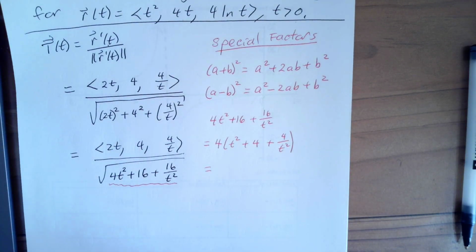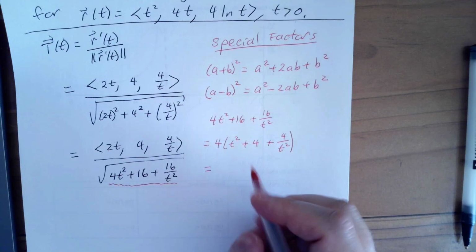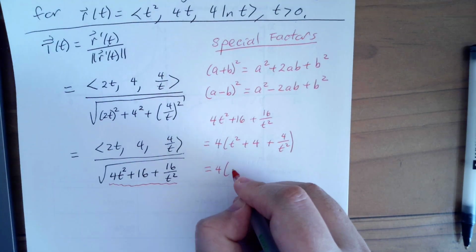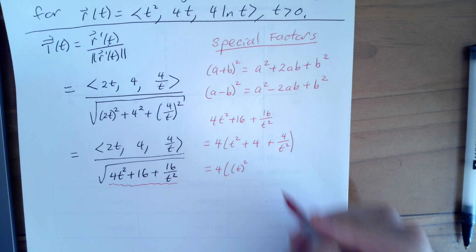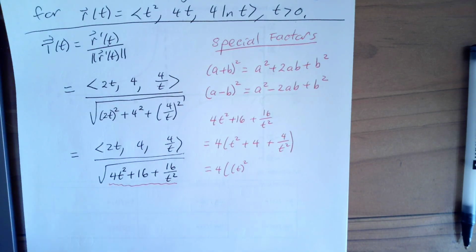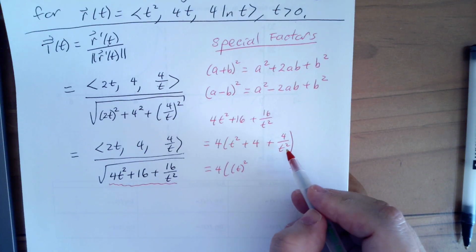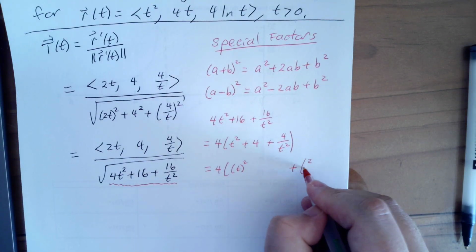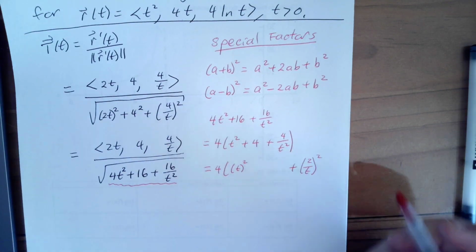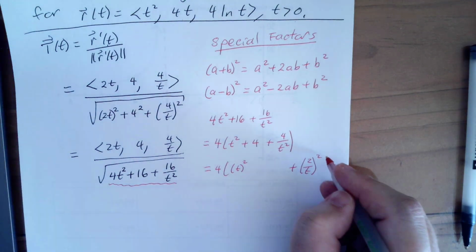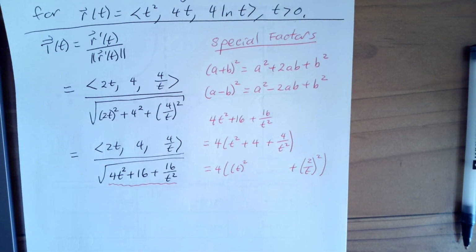Okay. I can rewrite this as being 4 into a t squared. I can rewrite this portion here as being 2 over t, that whole thing squared. And I'll put another parenthesis here just to conclude that.